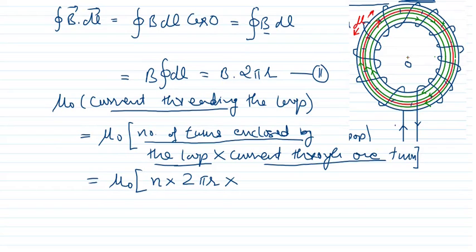And what is the current through one turn? That is the current flowing through this one. If it is I, every time it will be passing through the I. So therefore this becomes equation number 3.